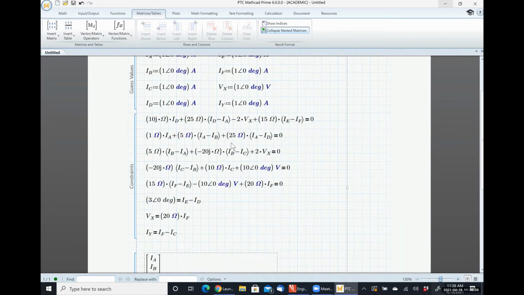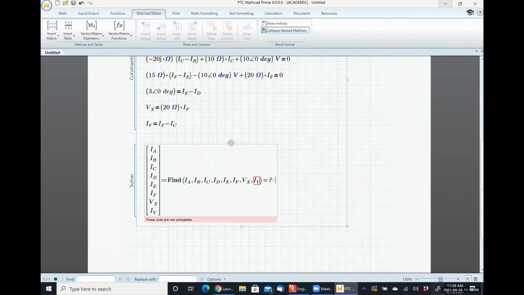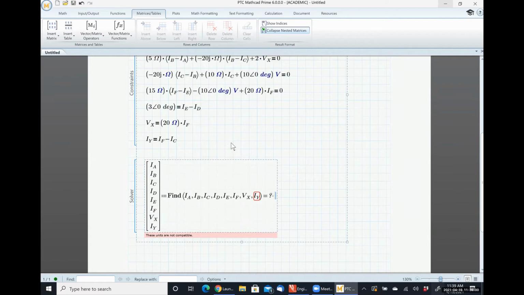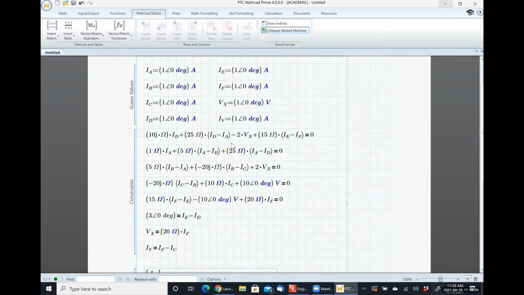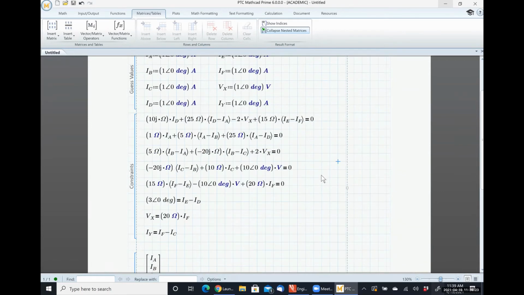With units. All right, so all my currents up there are in amps, all my voltage is in volts. Let me see, just to be clear here, whenever I have that 10 angle 0, that didn't fix it.